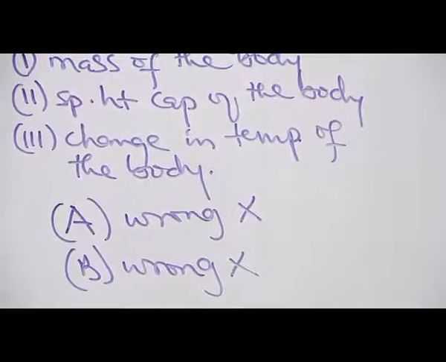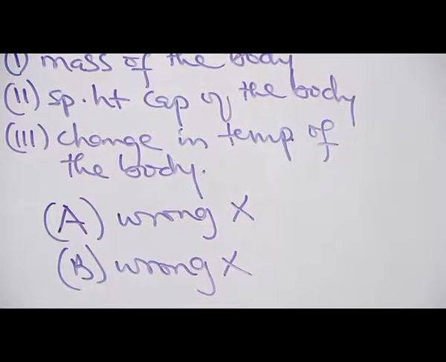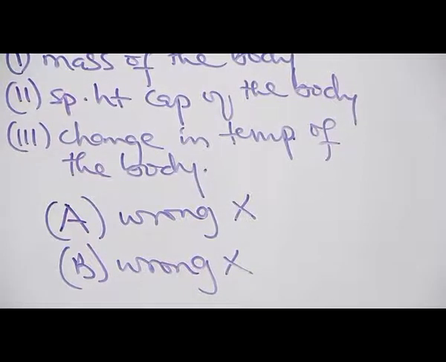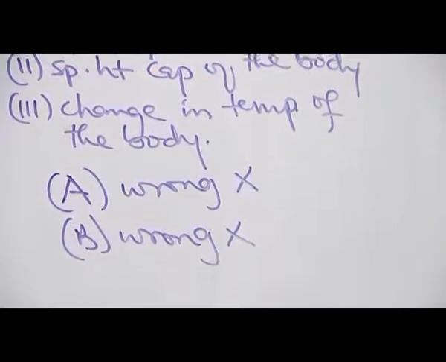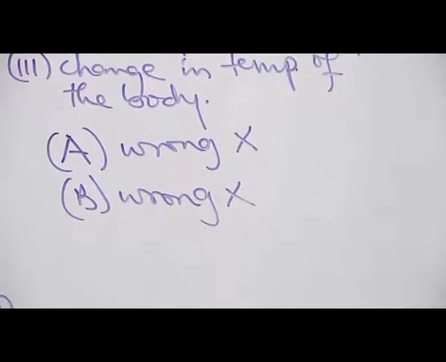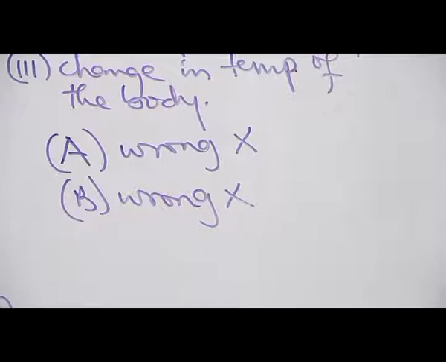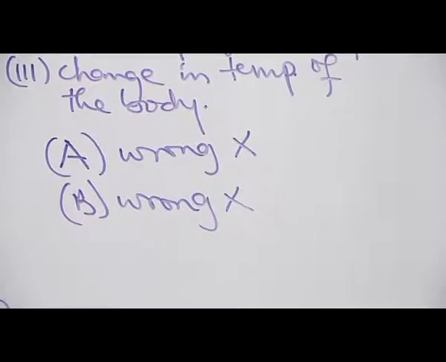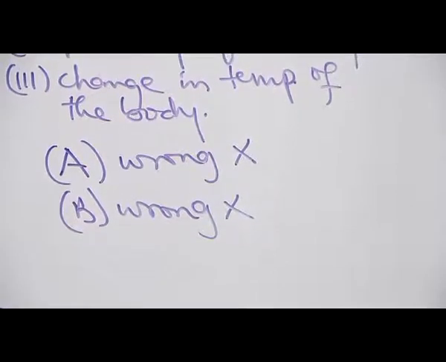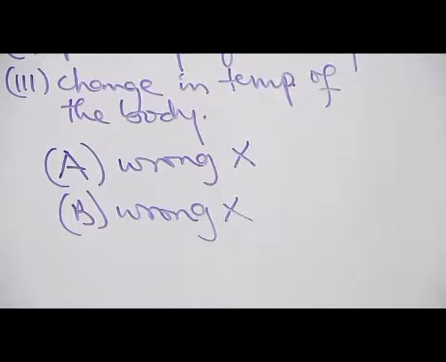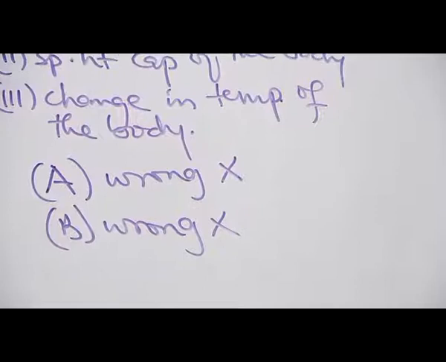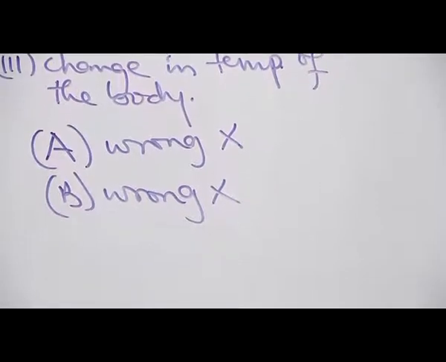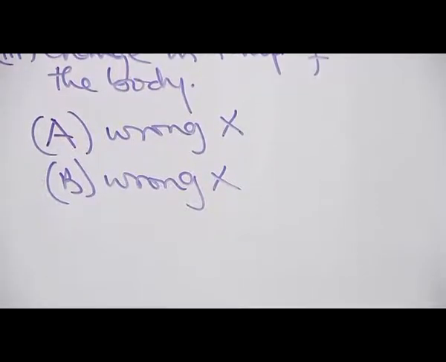Let's look at the specific heat capacity. Generally, specific heat capacity of solids is by far lower than that of liquids. Thus, a little amount of heat energy raises the temperature of solids more than that of liquids. So let's consider C. Specific heat capacity of iron is higher than that of water. This is wrong.